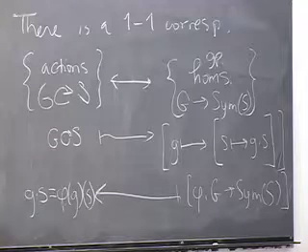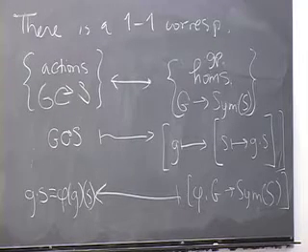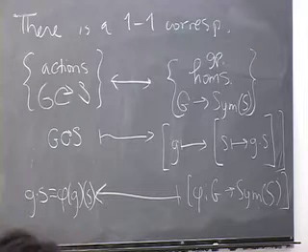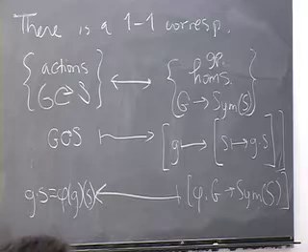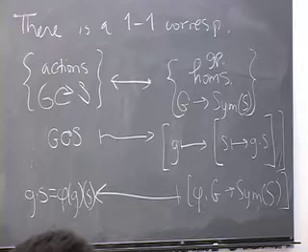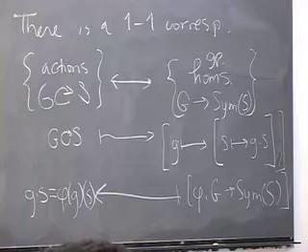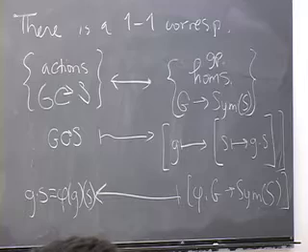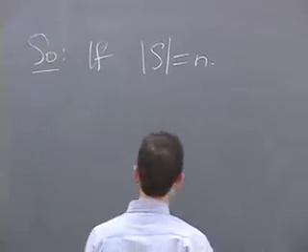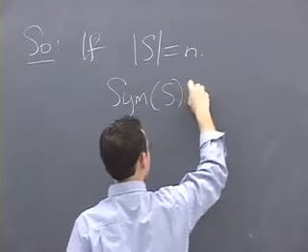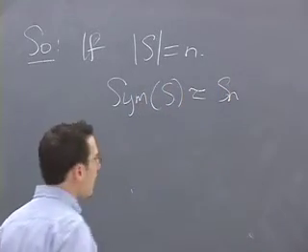You might want to think about how one applies, at the very least, observations about the relationship between the size of G and the size of S. That could be very useful. So here's a very basic remark. If the size of S is n, the symmetric group on S is just Sn, though not canonically identified.